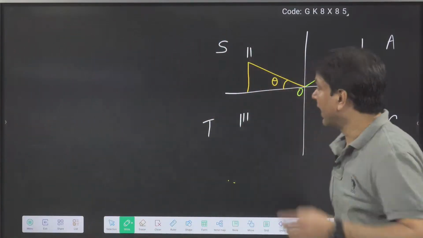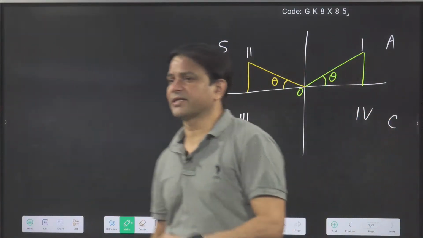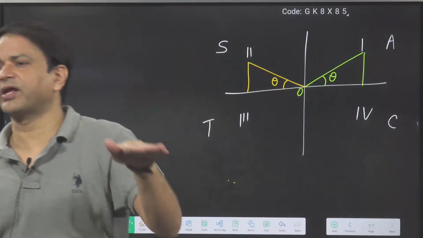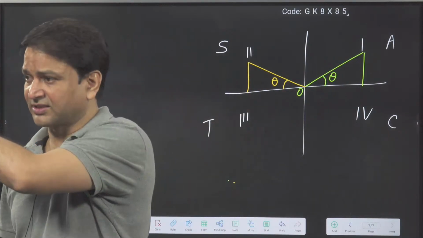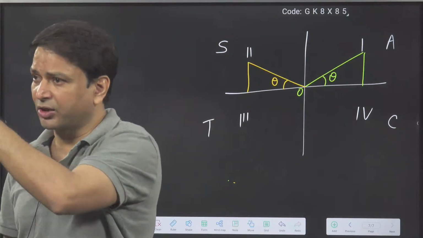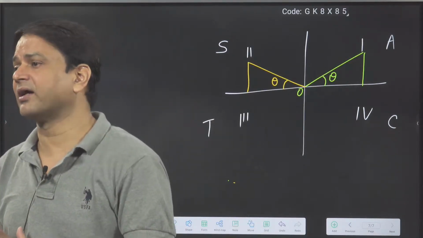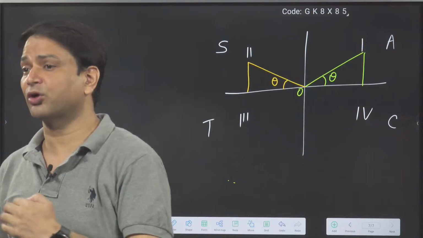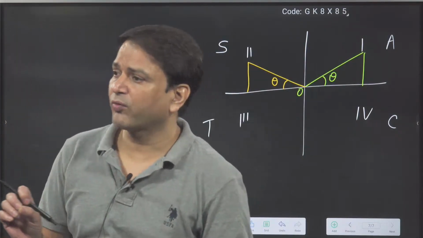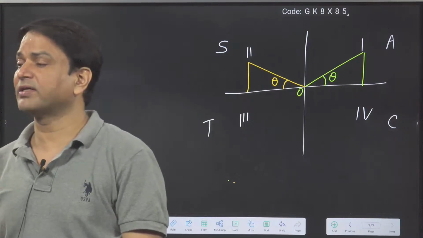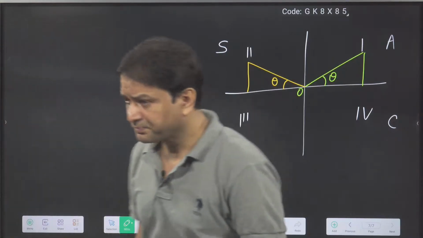In the first lecture of the straight line I said, when taking the reference for the slope, the reference is the positive x-axis. If you rotate anti-clockwise, you write the angle as positive, and if you rotate clockwise, you write the angle as negative.